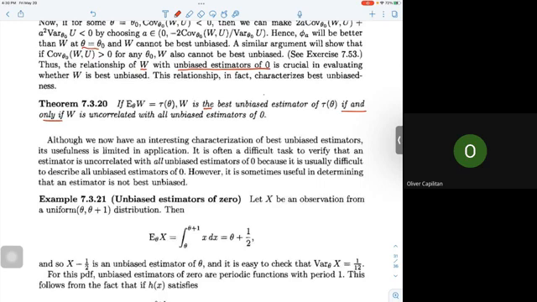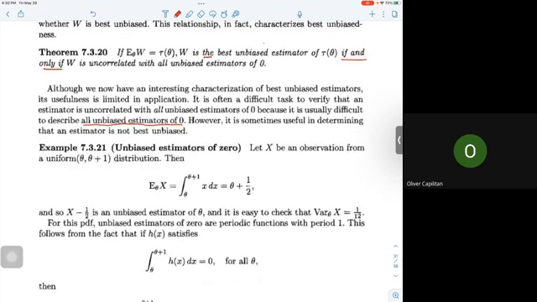Solving for the covariance, no? But it is usually difficult to describe all unbiased estimators of 0. How can you describe all unbiased estimators of 0? However, it is sometimes useful in determining that an estimator is not best unbiased. So we have an example here, unbiased estimator of 0.